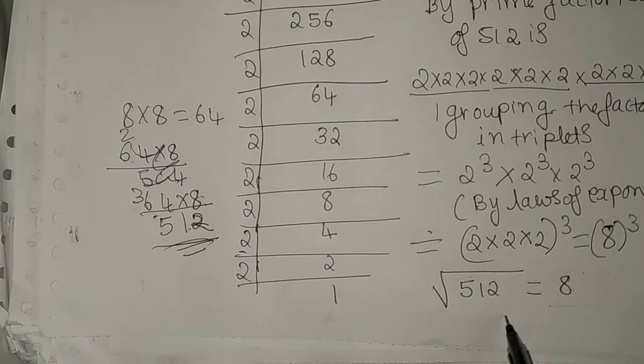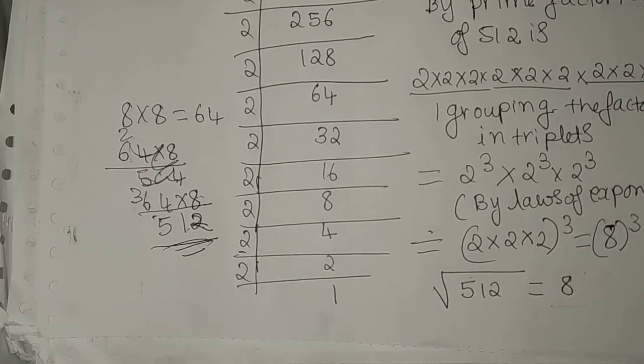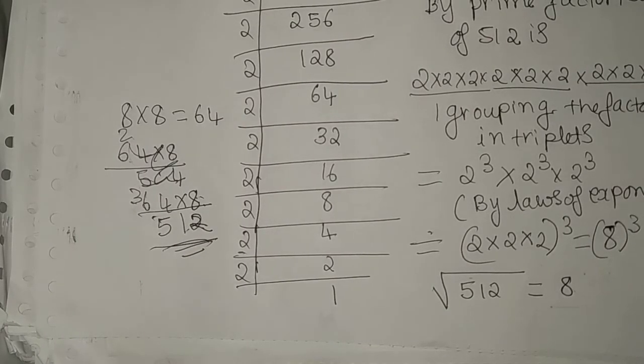So I made a mistake earlier, but you understood. So the cube root of 512 is equal to 8.